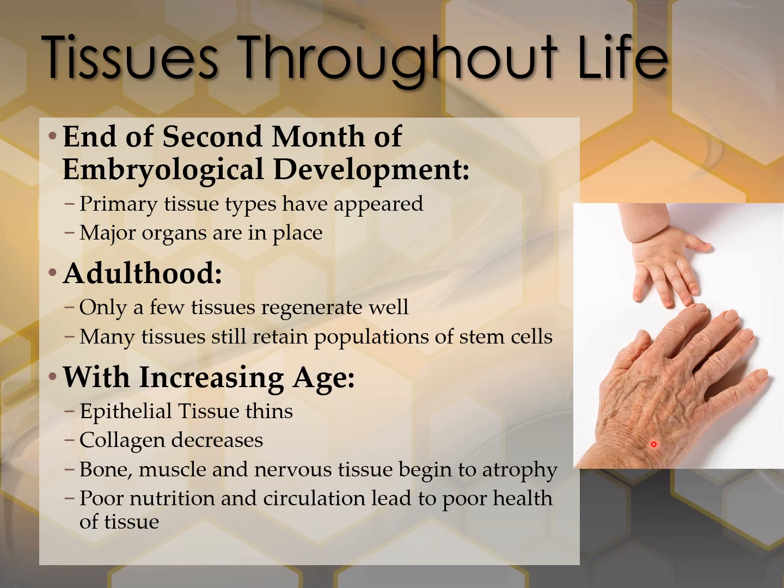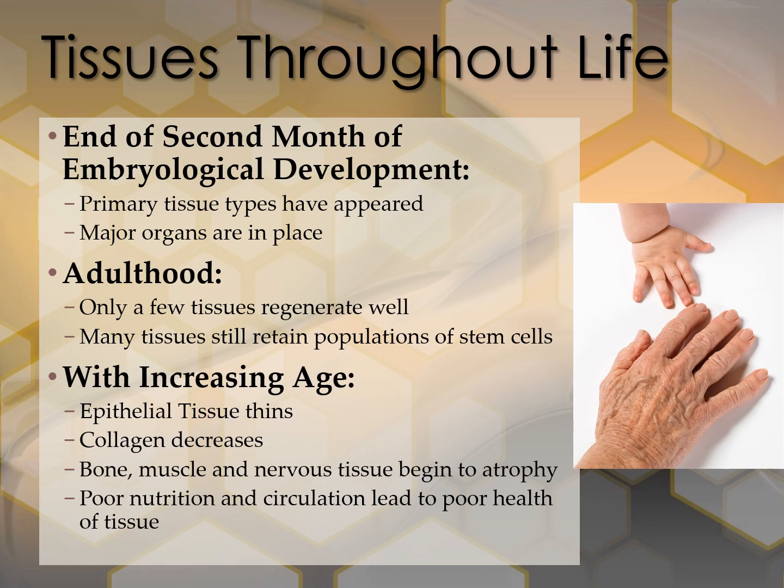And as we age, our epithelial tissue starts to thin. If you ever notice, grandma and grandpa's hands are a lot thinner. That skin becomes quite thin, kind of paper-like, so they're losing some of that protection from the epithelial tissue. The collagen decreases, so it's not as strong either, because we said those collagen fibers are what really gives it its strength.